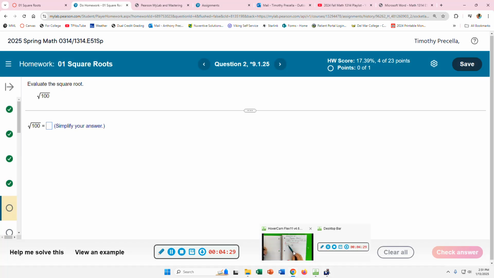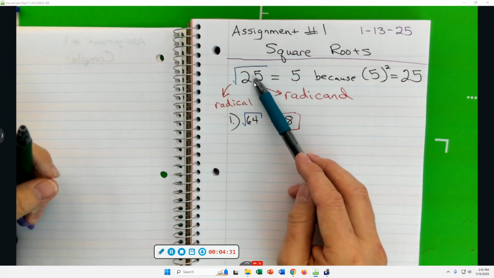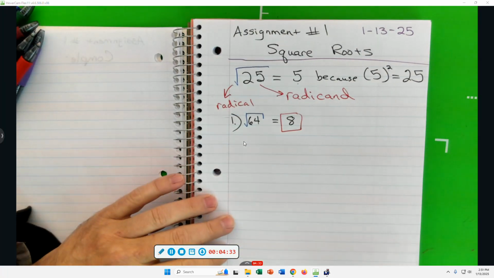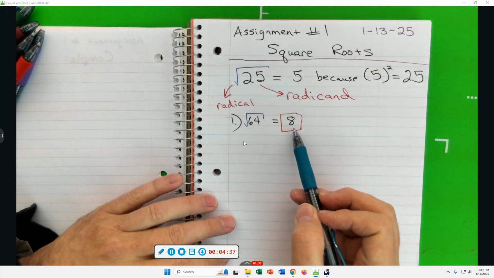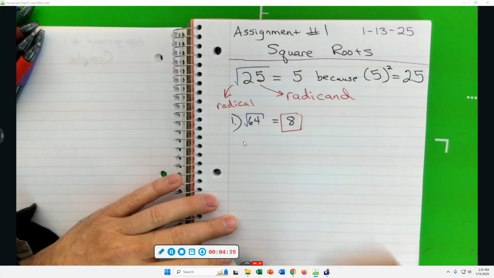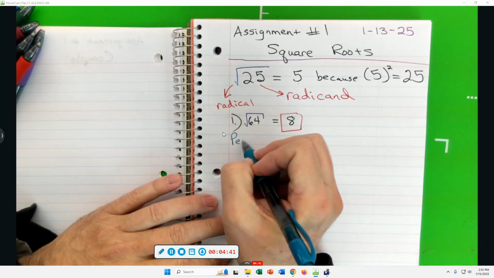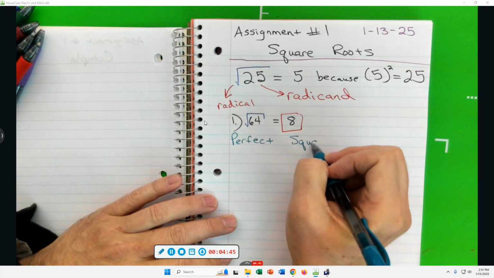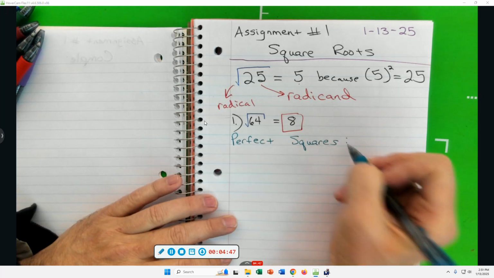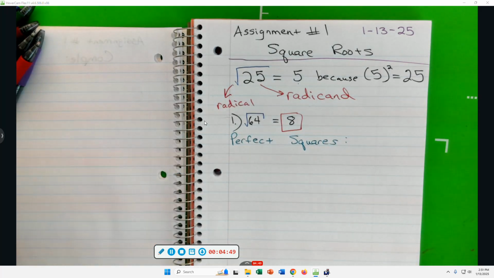Numbers like 64 and 25 are said to be perfect squares because their square roots are positive integers. And let's write out a list of some perfect squares. 1 squared, 1 times 1 is 1. So I'm not even going to bother writing it.